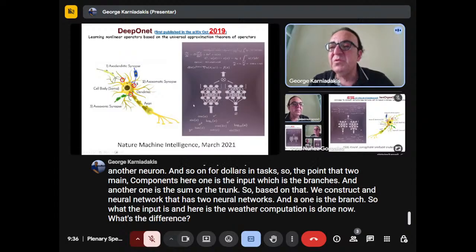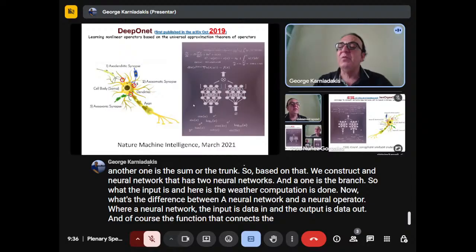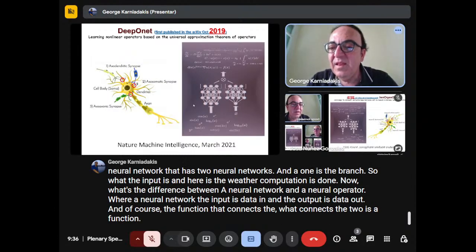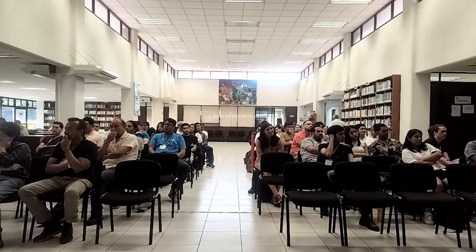Now, what's the difference between a neural network and a neural operator? In a neural network, the input is data in, and the output is data out, and what connects the two is a function. Here, we want the inputs to be functions and the outputs to be functions, solutions. Why do we want the inputs to be functions?